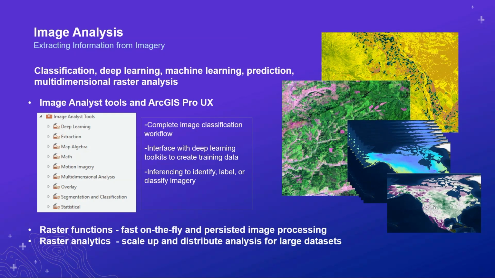So these capabilities are exposed as geoprocessing tools, services, and also come with Pro user experience. For example, managing training samples or deep learning labeling and so on, which are used to complete the workflow of image classification or deep learning.